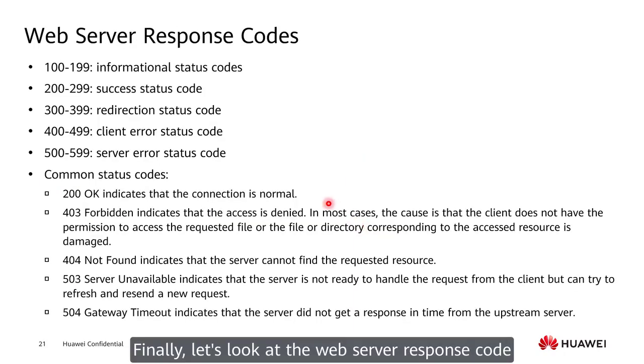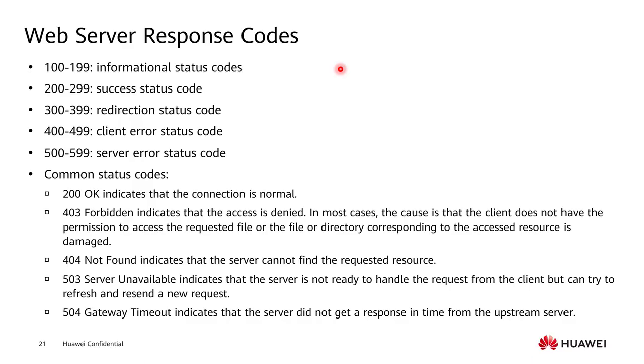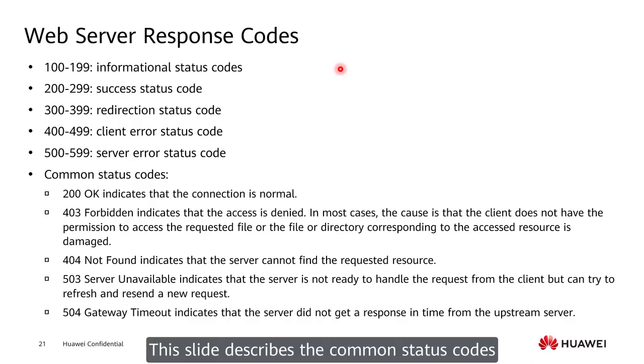Okay, finally, let's look at the web server response code. As we mentioned in the HTTP packet structure, the header of the response message contains the status code of the web server, and this slide describes the common status codes.